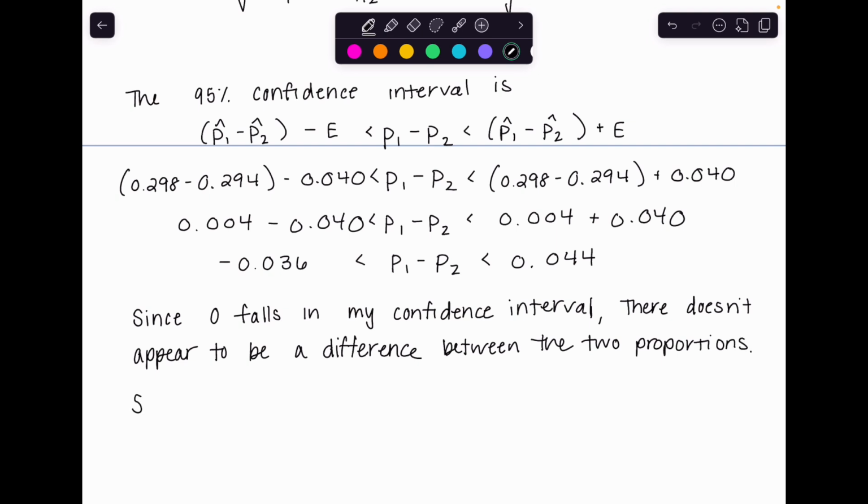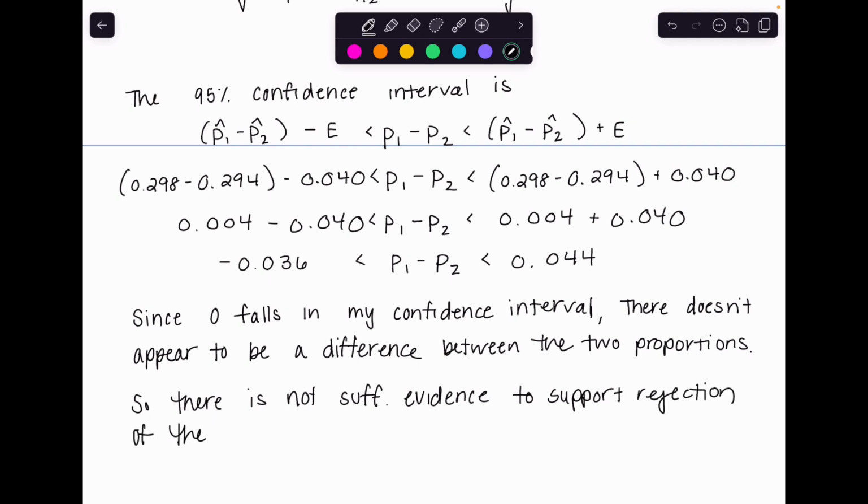So there is not sufficient evidence to support rejection of the claim. Okay. So what you're looking for is, does your confidence interval contain 0? If it does, you can't support rejection of the null hypothesis. If it does not contain 0, then you can support rejection of it, okay?